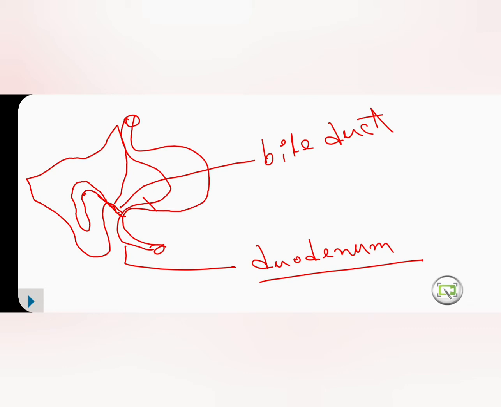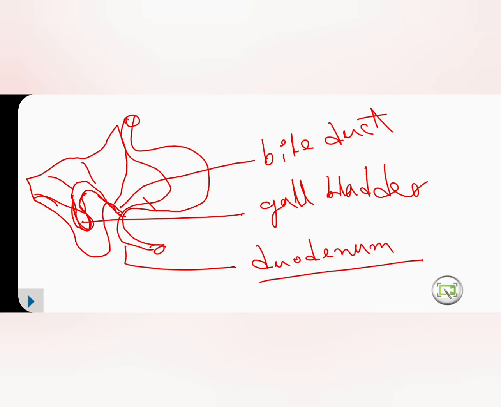This bile duct is connected to a small cyst-like structure, which is called gallbladder. And around this, the lobes of liver are present, which are opened into this gallbladder.